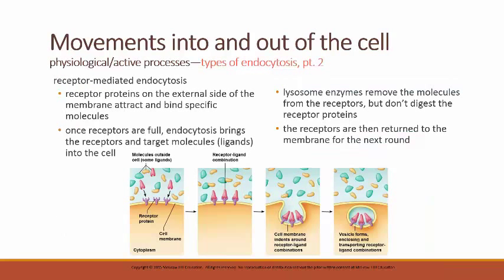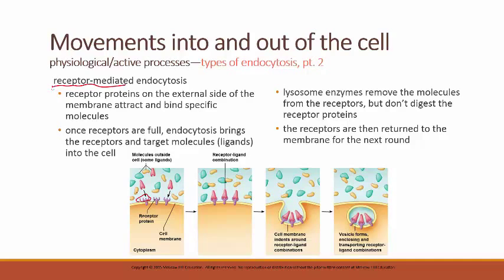There's a second type of endocytosis that, rather than just getting anything that's found outside of the cell membrane, will actually bring in very specific materials. It's referred to as receptor-mediated endocytosis. Receptor-mediated because the cell can place receptors, which are specialized proteins, that have a spot on them that is very attractive to a specific molecule.